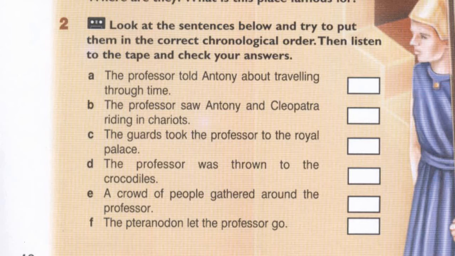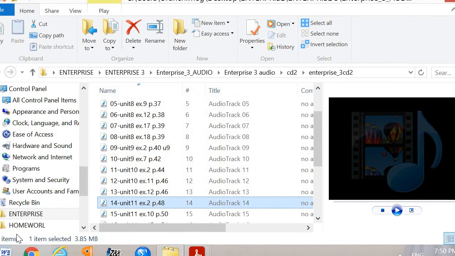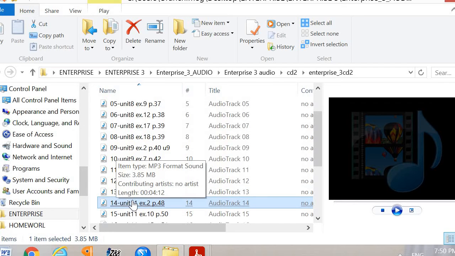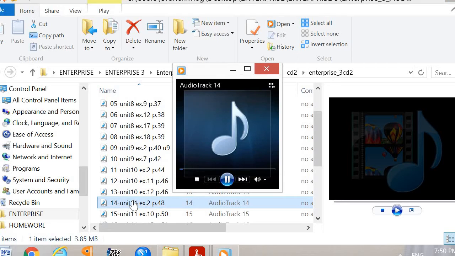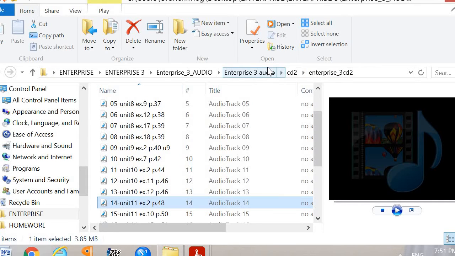Have your answers ready to check with the audio. So we're going to play the audio and listen to it. Let me just turn the speakers on. The Land of the Pyramids. Unit 11. No, sorry. Narrow Escapes. Not 11.